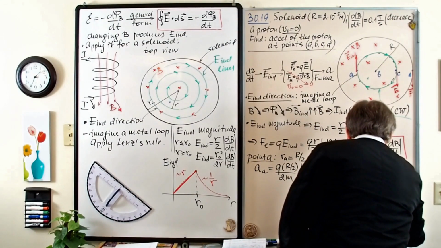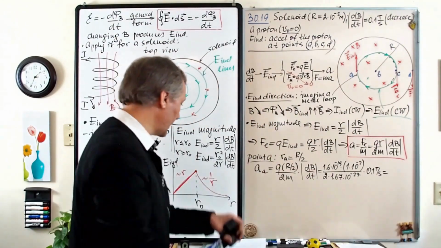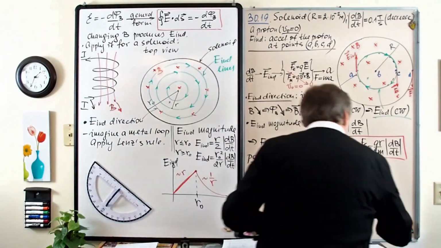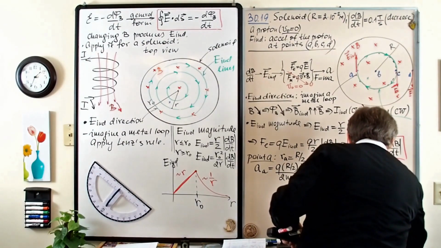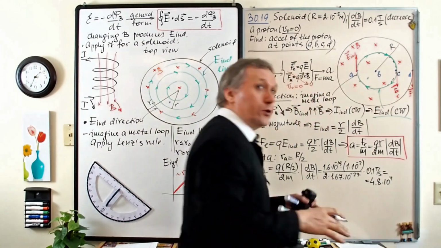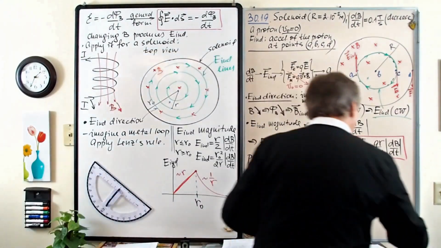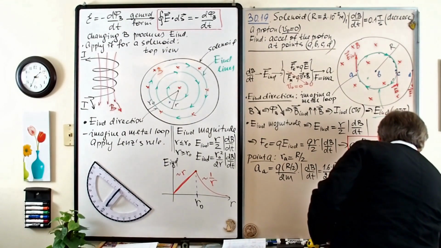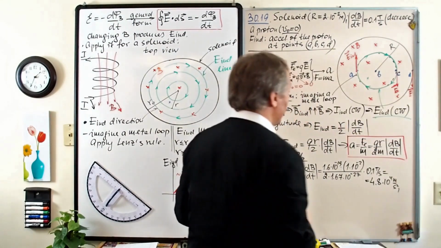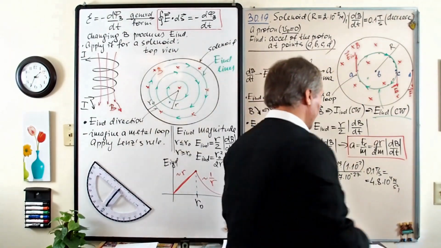If you multiply it through, you will end up with 4.8 times 10 to the power of 4, in the regular units of acceleration, meters per square second, and the direction is upward.